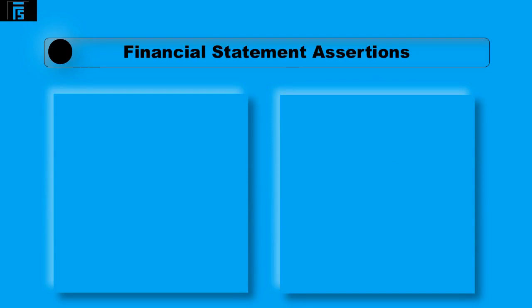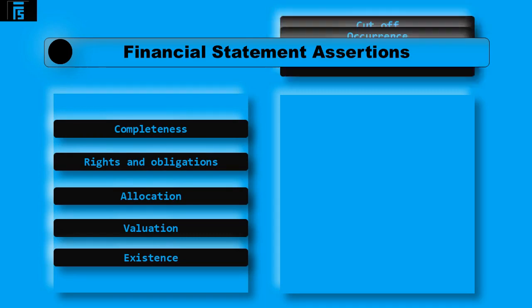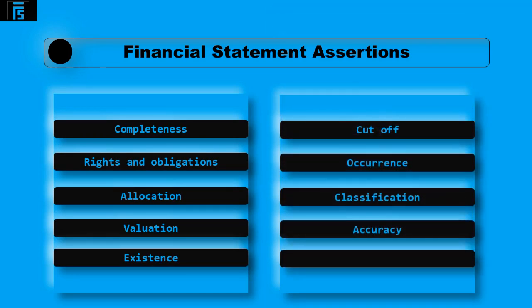The objective of a substantive test must be at least one of the financial statement assertions, again covered in the gathering evidence and financial statement assertions videos. As a recap, here are the financial statement assertions: completeness, rights and obligations, allocation and valuation, existence, cut-off, occurrence, classification and accuracy.